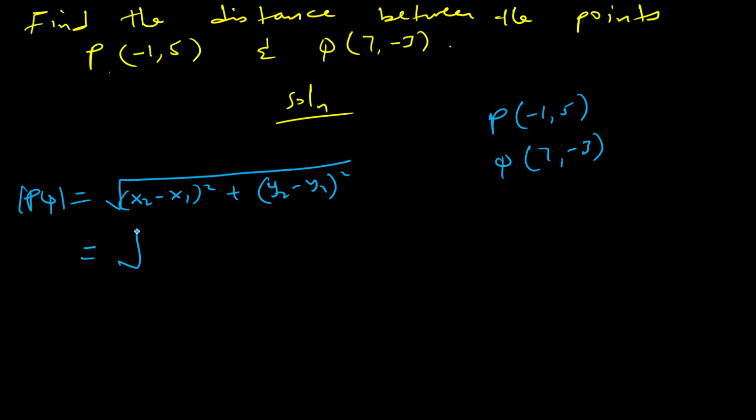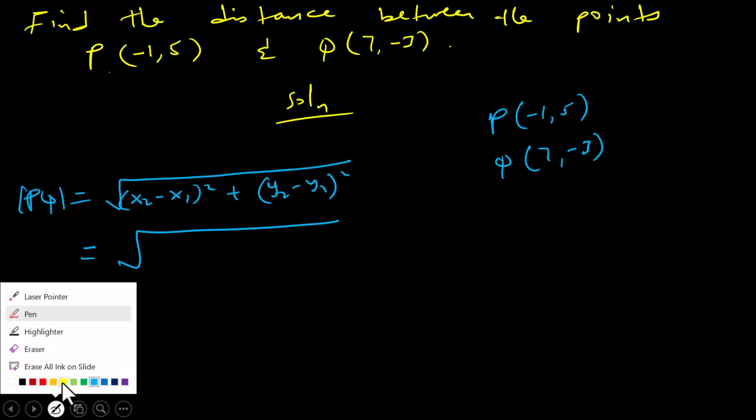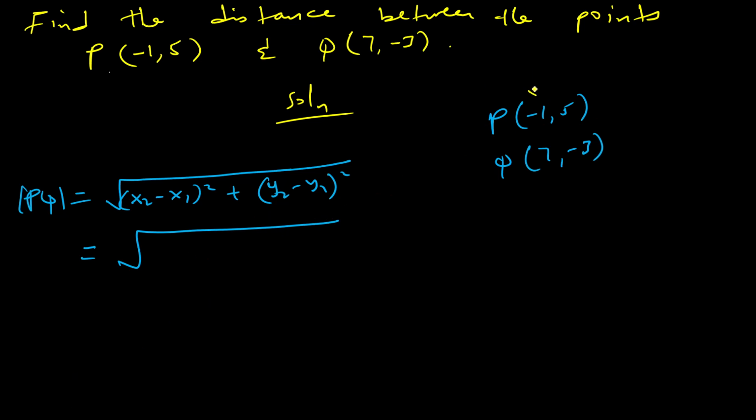Before substituting, let's label our points: x1, y1, x2, y2. So x2 here is 7 minus x1, which is minus 1. Be very careful here. Plus y2 is minus 3 minus y1, which is 5.